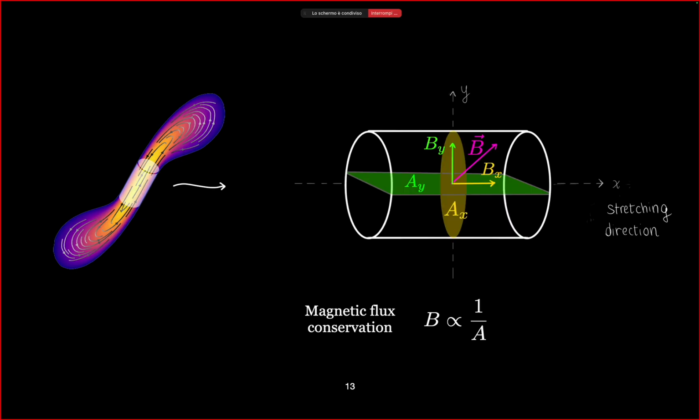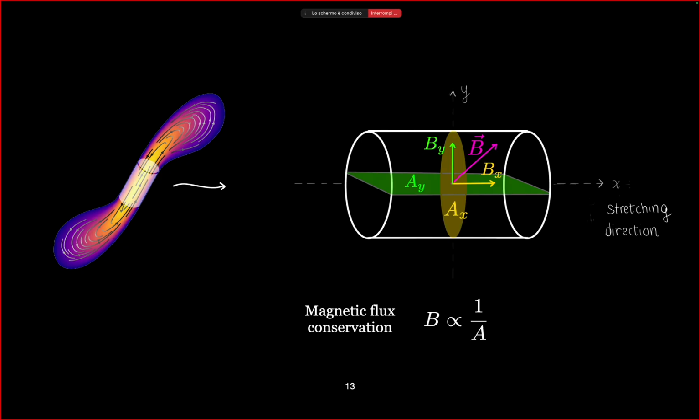And this is quite important, so I'm going to explain why this happens by approximating the stream to be a cylinder whose elongation and thickness evolve in time. And we can imagine that the magnetic field is not aligned with the direction of stretching initially, but we know how the magnetic field is going to evolve, because in this study we make one important assumption, that is the ideal MHD assumption, which implies that the magnetic flux must be conserved during the whole evolution.